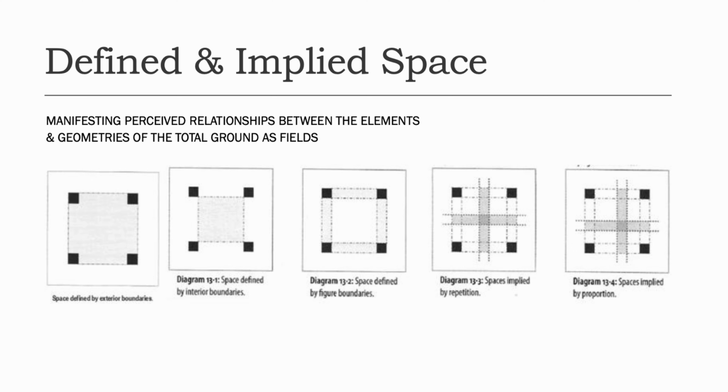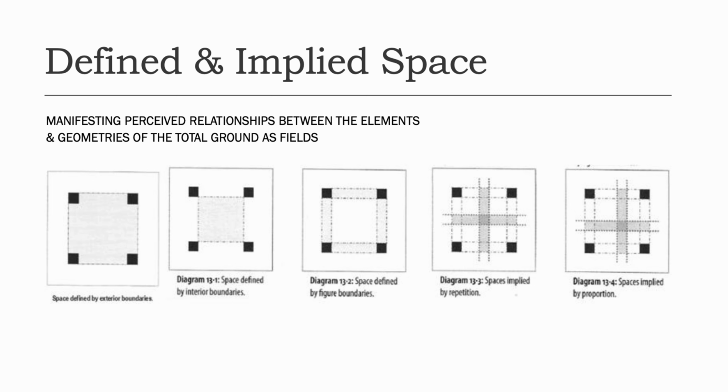We can look at this and consider the different defined and implied spaces that are being created. The black squares are defining the space. The boundaries connecting them are implying this space. So we have two different things happening. On the far left, we have the exterior of the columns implying a large enclosed space within the outer perimeter of those black squares or columns.